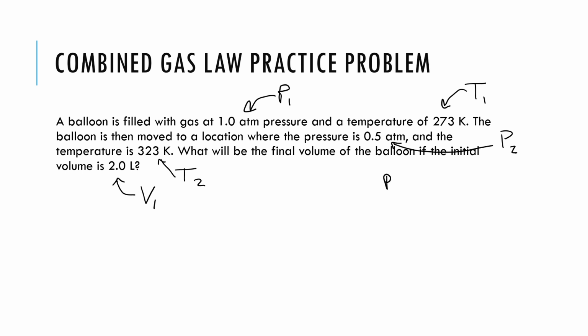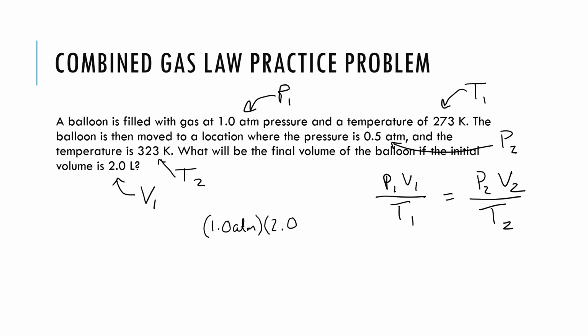Now, our combined gas law is P1 V1 over T1 equals P2 V2 over T2. Okay, let's plug everything in. So just like before, we have 1.0 ATM, and this is at 2.0 liters, that's that volume, over T1, which is 273 Kelvin.